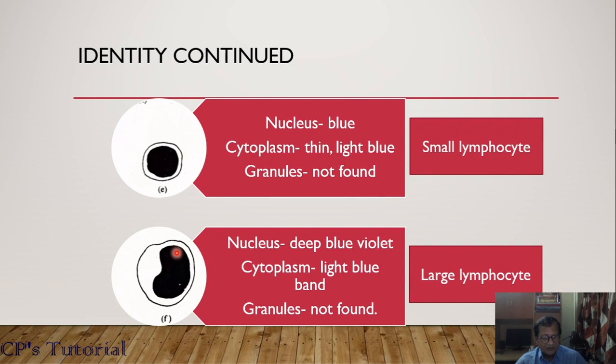In case of large lymphocyte, the nucleus is larger, but it is eccentric in position and more or less crescent shaped, leaving more space of cytoplasm. But a similar character in both cases: the cytoplasm does not have any granules. That means both are agranular.